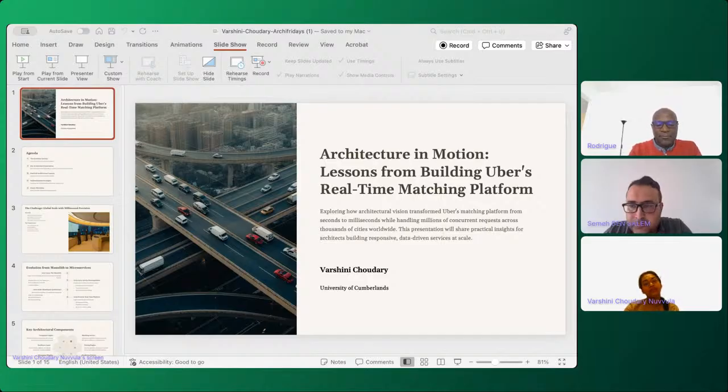Next, let's dive into one of Uber's biggest technical hurdles, geospatial querying at scale. With millions of users constantly moving and updating their locations every few seconds, traditional databases couldn't keep up.